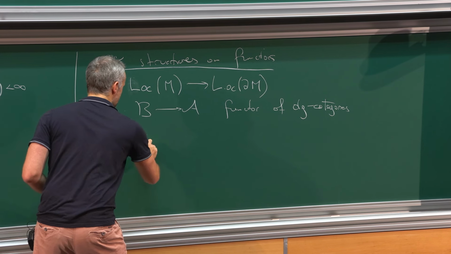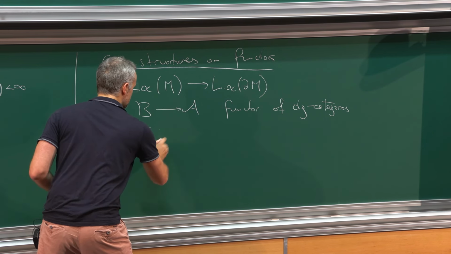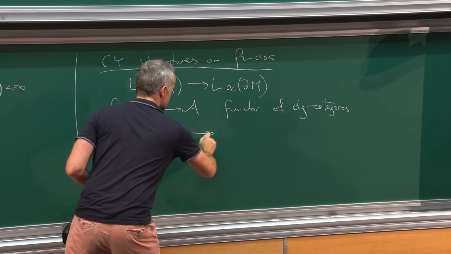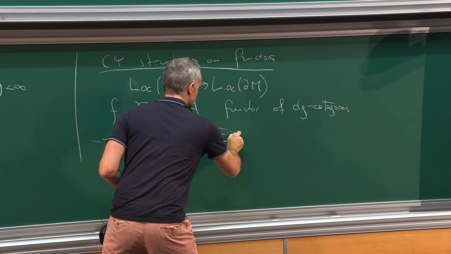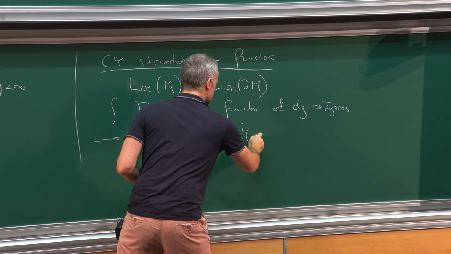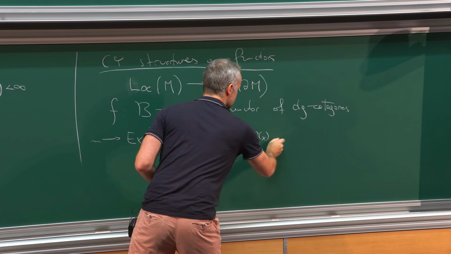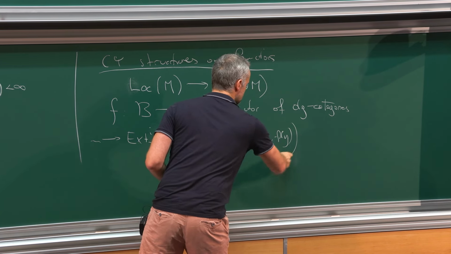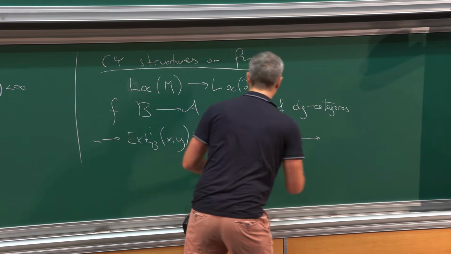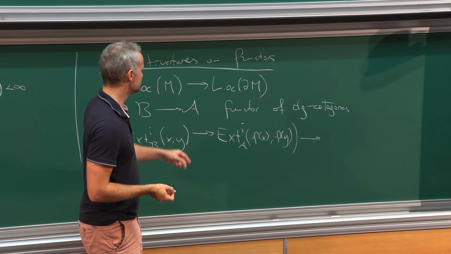Take x in B; Hom from x to y maps by f to Hom from f of x to f of y in A. Now there's some dimension here.